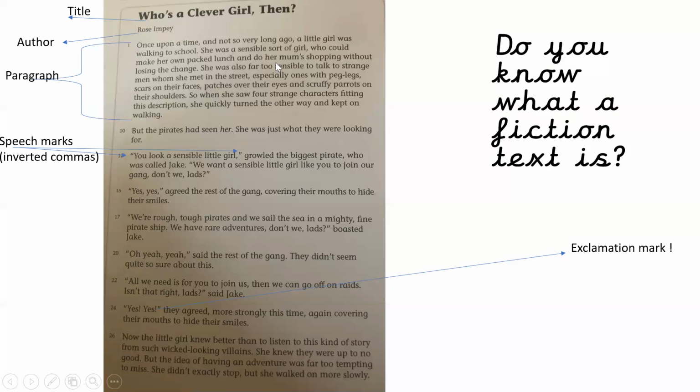Sensible is when someone does something in a good manner, so they don't do silly things, they do good things. Sensible, that will not get them into trouble. What is growled? Growled is like a sound that a bear makes. Great. Okay, now let's go to the next slide.